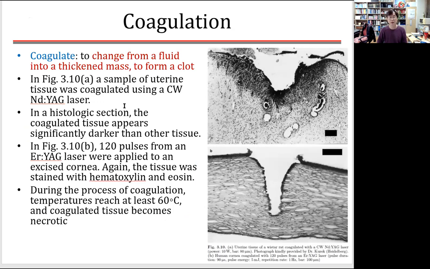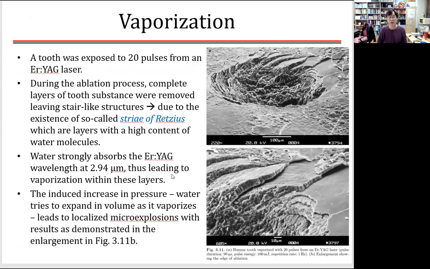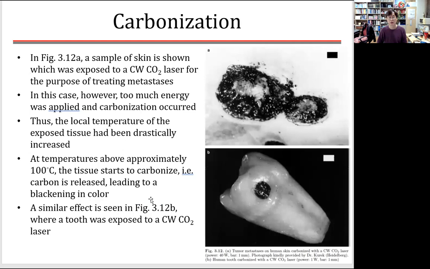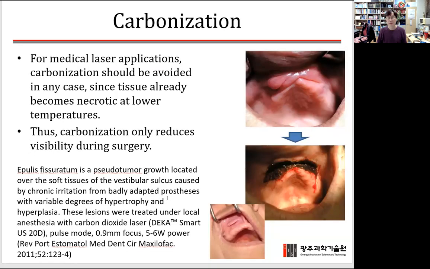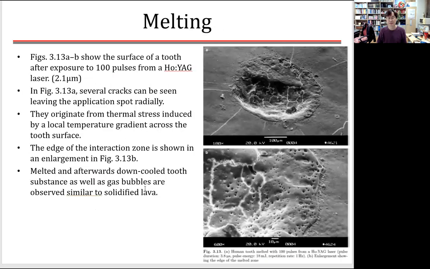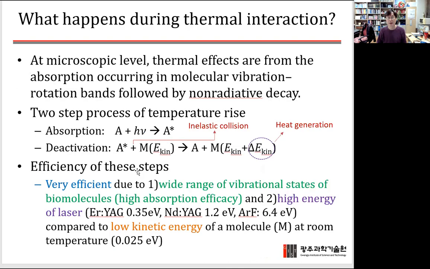Coagulation can happen when the temperature is above about 60 degrees Celsius. Vaporization occurs at 100 degrees Celsius, the boiling point of water. Carbonization is when all the water molecules are vaporized and the leftover tissue is burned, looking black, which is the carbonized tissue. And at even higher temperatures, the tissue can melt down.